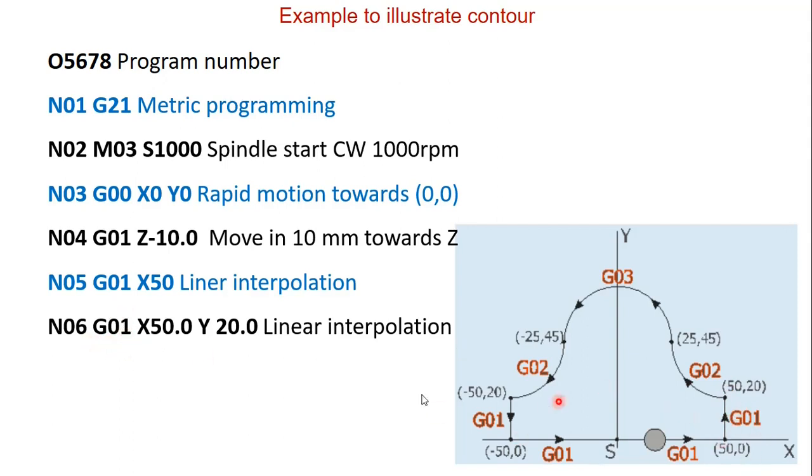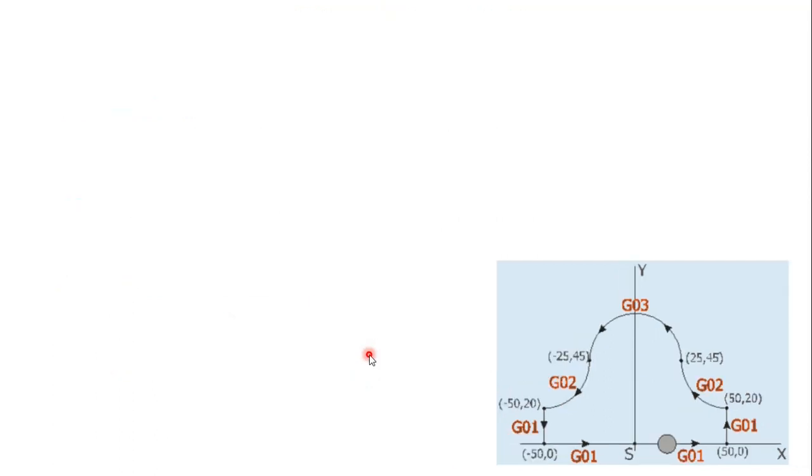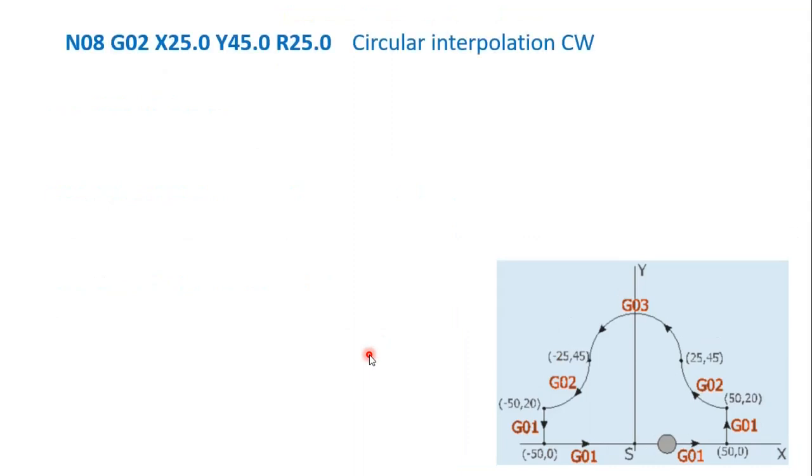So G01, and in this case both X and Y values are changed, X50, Y20, and it is linear interpolation. Now from here you can see it is G02. Okay, so what is happening?